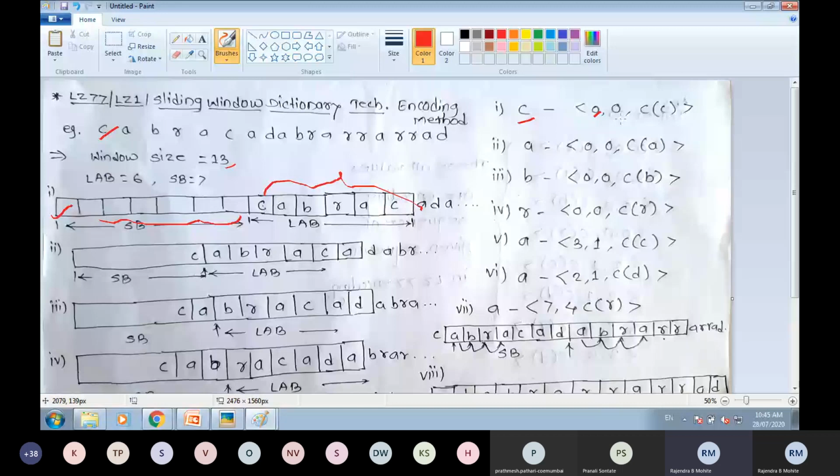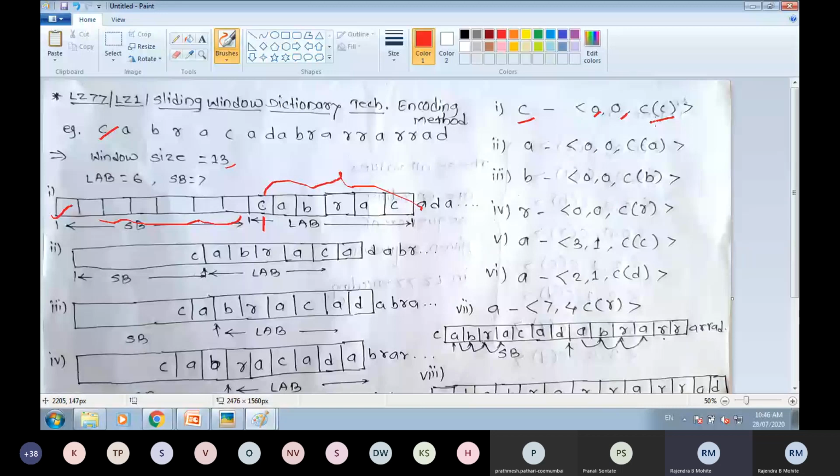And for which code word don't we have a match? For the alphabet C, I don't have a match, so I represent C of C. Inside the greater than and less than signs, I write 0, 0, C of C, meaning my offset value is 0, my length of match is 0, and the code word is C, the alphabet for which I don't have a match.